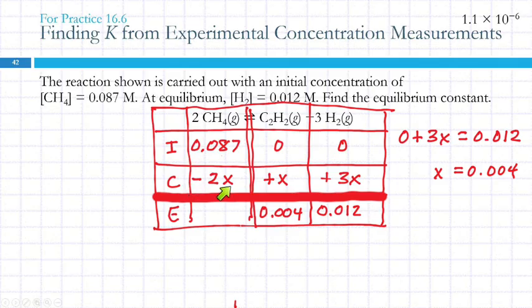0.087 minus 2X. You can write it out, or you can just type it into your calculator: 0.087 minus 2 times 0.004 is 0.079. Any questions?